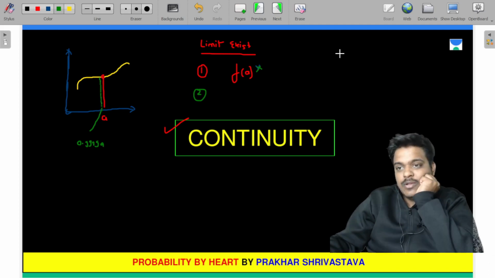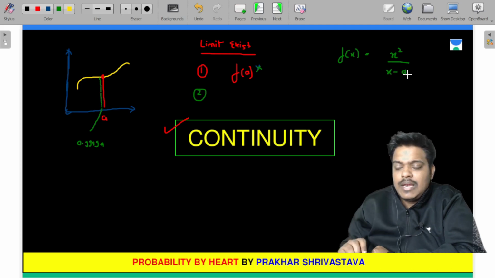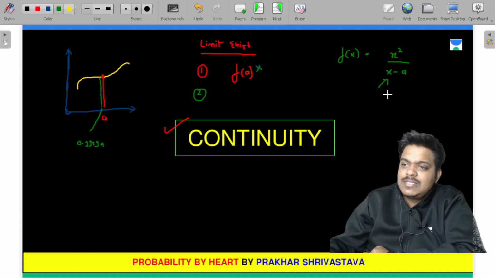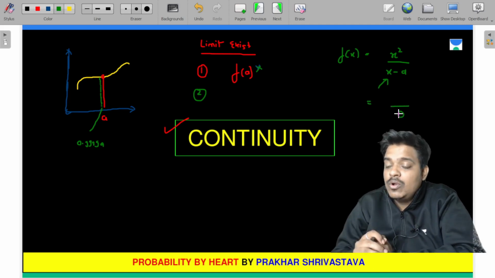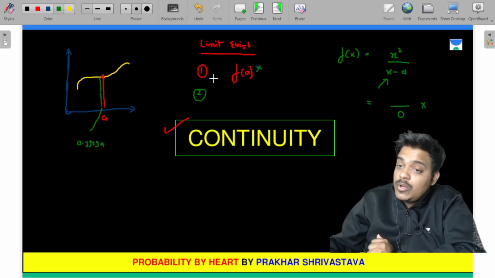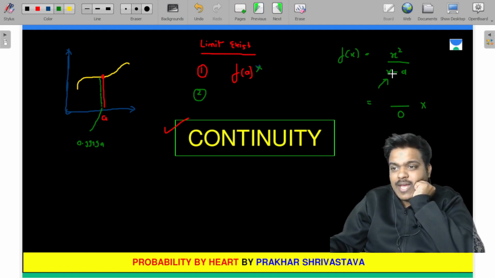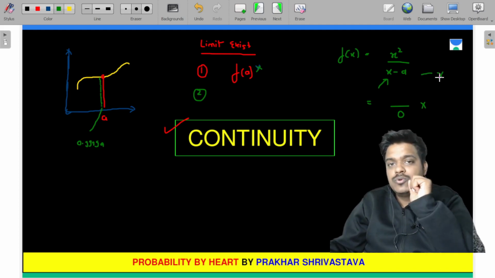Now I'll explain. Suppose your function is x square divided by x minus a. Now if you put x equal to a here, this function will go to something divided by 0, which is not acceptable. So you are going to calculate the limit just left of a. If you put x equal to 0.99a, your denominator will not reduce to 0.